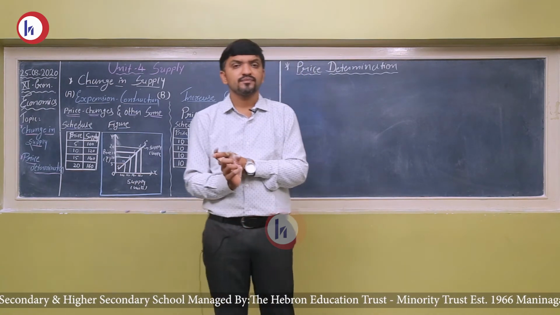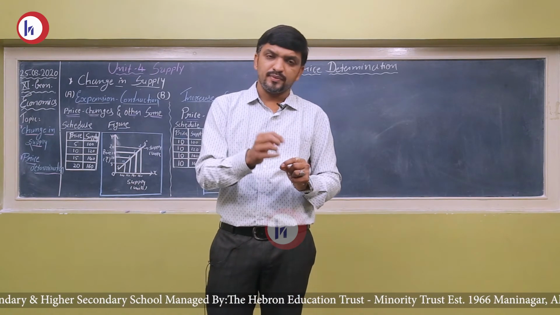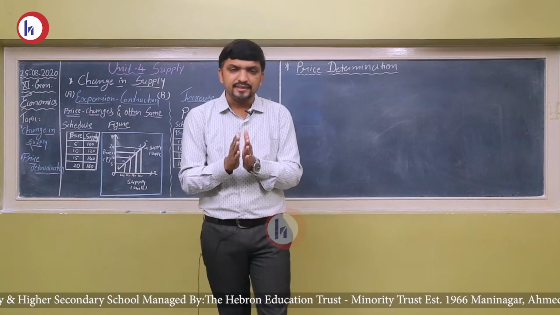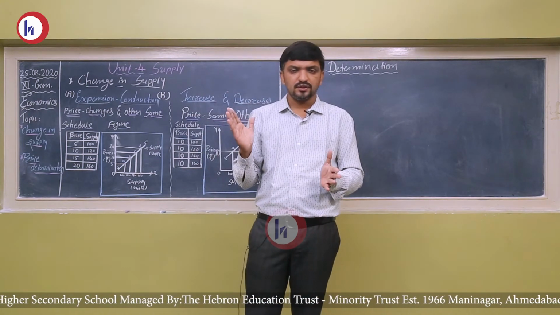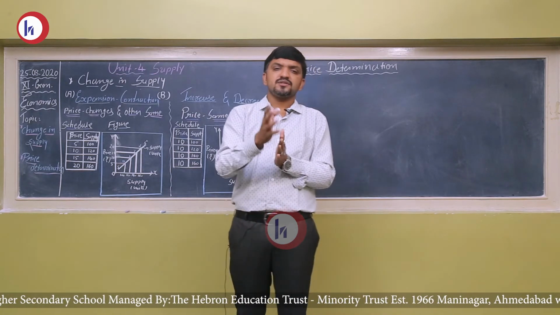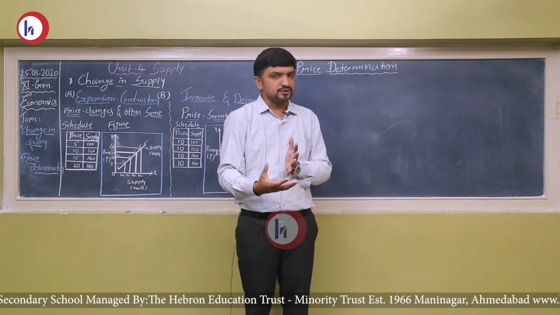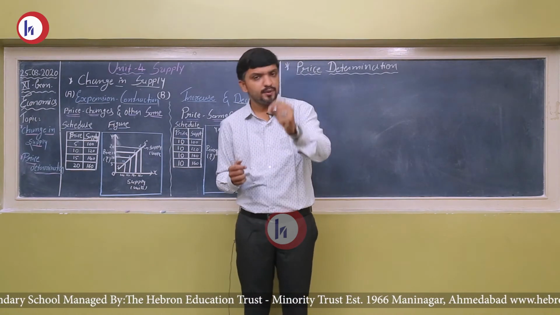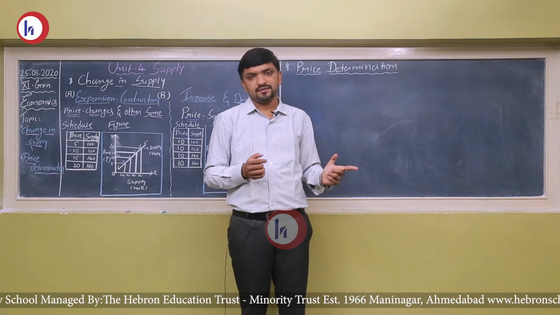Once again, if I need to write the definition of price determination, then I can write price determination is the process through which price of the commodity is determined by two market forces, by two invisible hands, that is demand and supply.